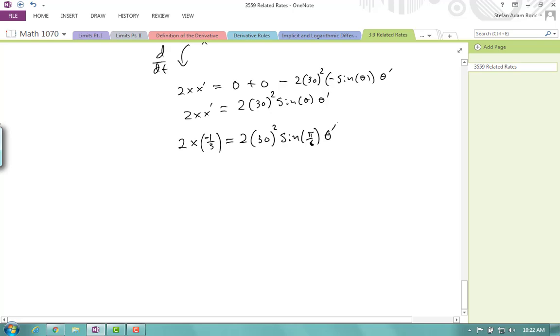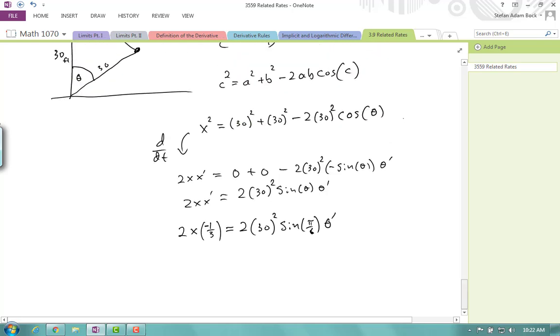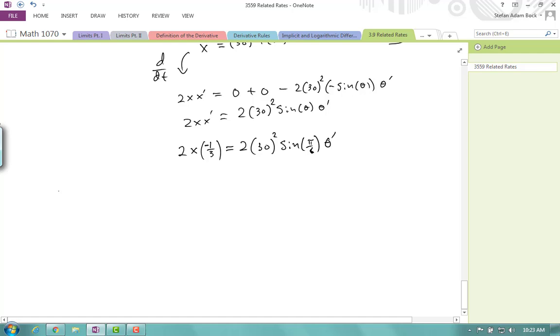Now I have this x left over, and I'm going to have to use my original equation up here to solve for my x value. Since I have x squared is equal to 30 squared plus 30 squared minus 2 times 30 squared times cosine of pi over 6. Let's see if I can simplify that a little bit.